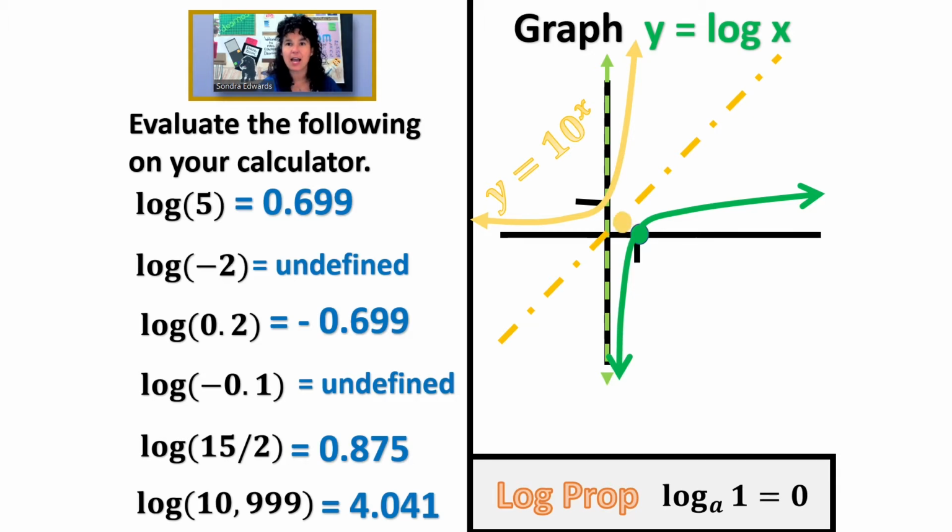Let's just highlight a handful of features. Okay, so the coordinate on the log is 1, 0, and inverses, right? The x's and y's flip-flop. So if we have a coordinate 1, 0 on the inverse, it would be 0, 1. Well, everything about a log function is a flip-flop of the exponential function.